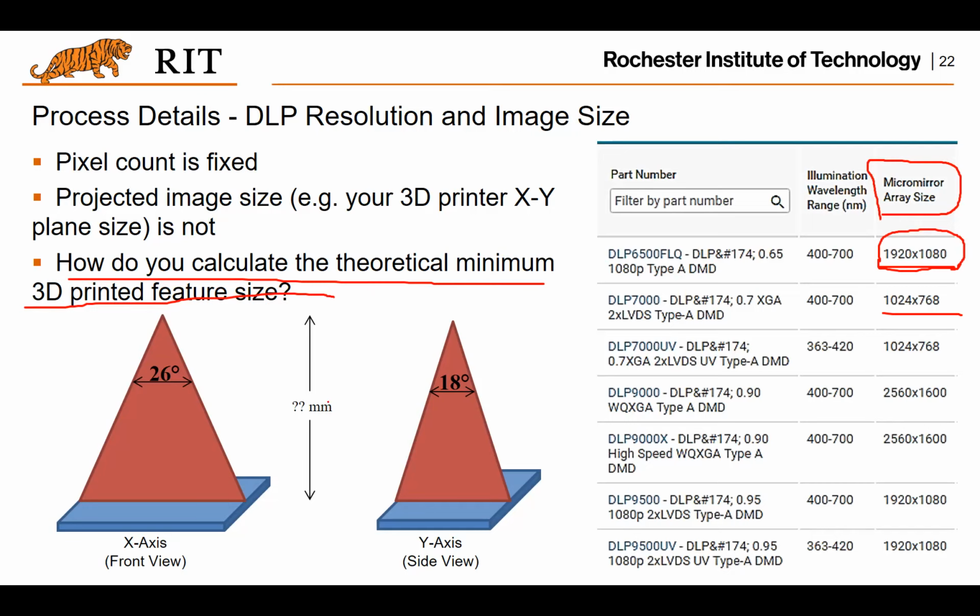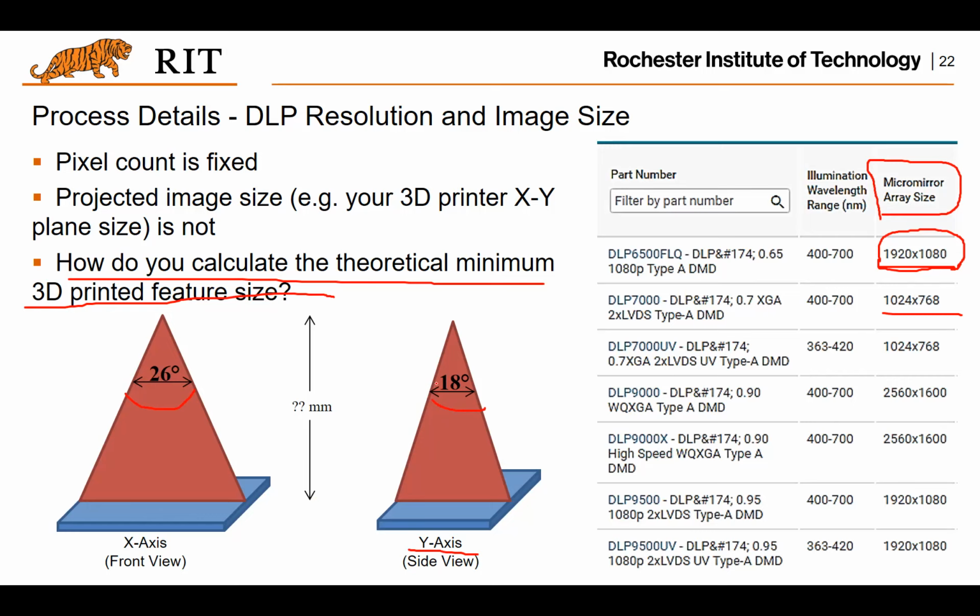If we look at the image to be printed, there are two projection angles, in both the X and Y direction. For example, this one has 26 degrees for the X-axis and 18 degrees for the Y-axis.